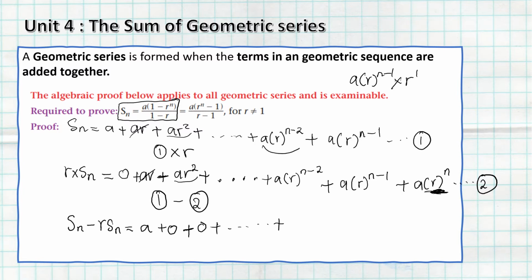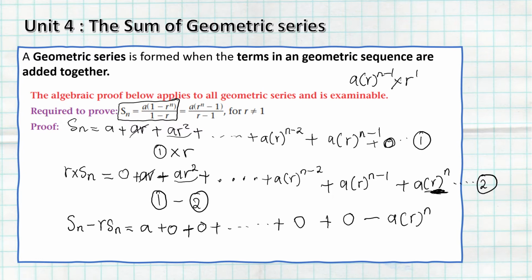AR^(n-2) minus AR^(n-2) will cancel each other and give us 0 also. But here, let's check here. AR exponent n has no friend, but on top there's no friend, right? We can assume there is 0 because there is no friend. So we can say 0 minus AR exponent n will give us minus AR exponent n, right?